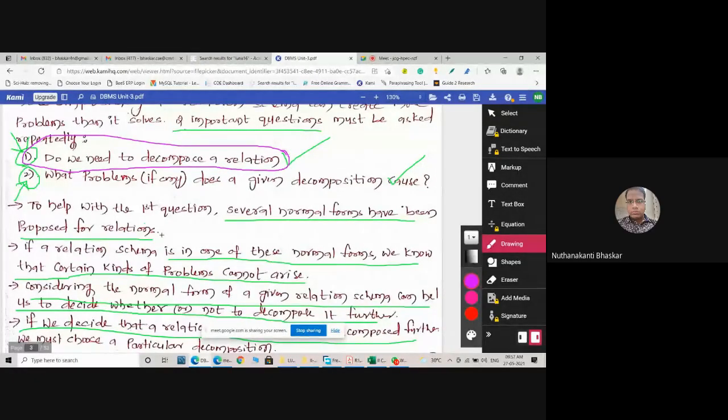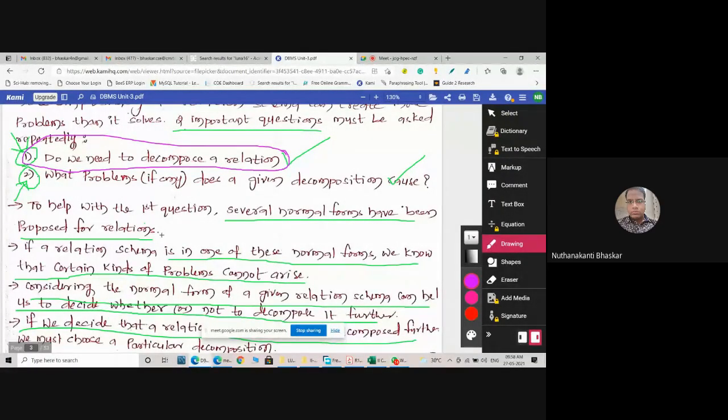You need to identify which normal form the table is suitable for. After identifying the normal form for the table, based on the normal form rules, you have to decompose the relation. At the time of decomposition, that normal form will tell you what the functional dependencies related to that normal form are. So that is why the first question, before decomposition, is: do we need to decompose a relation?